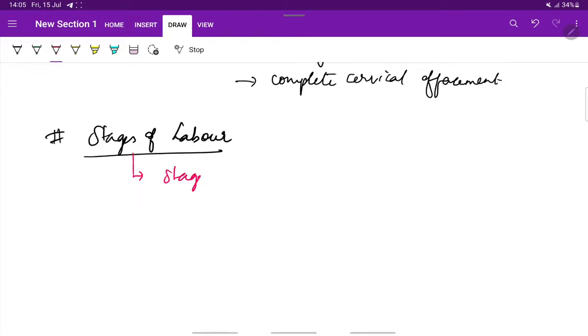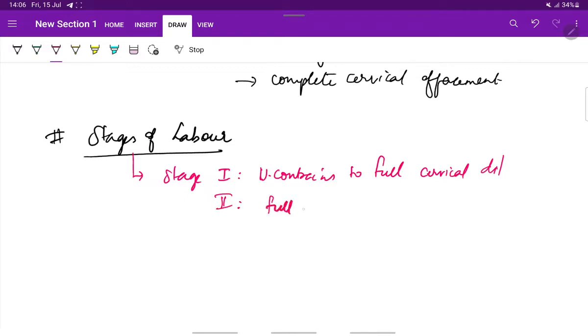Stage 1 is from the onset of painful uterine contractions to full cervical dilation. This is stage 1. Stage 2 is full cervical dilation to delivery of the fetus.